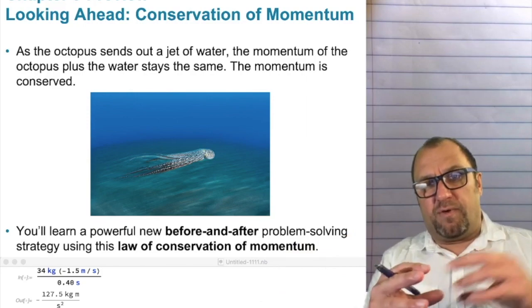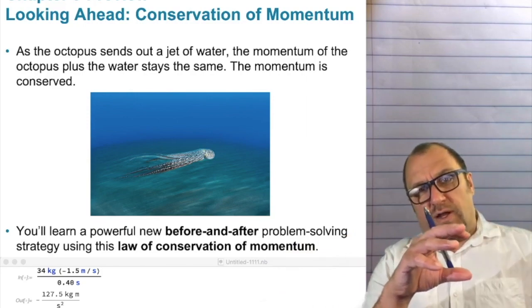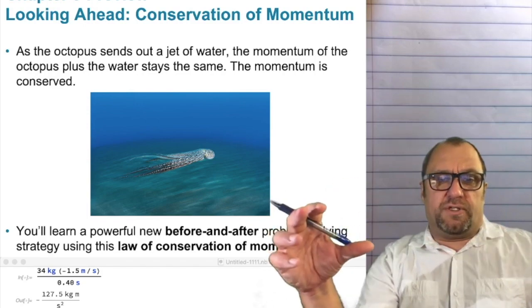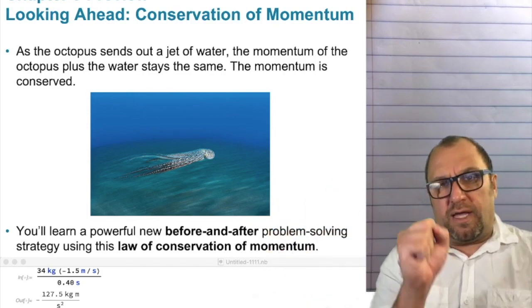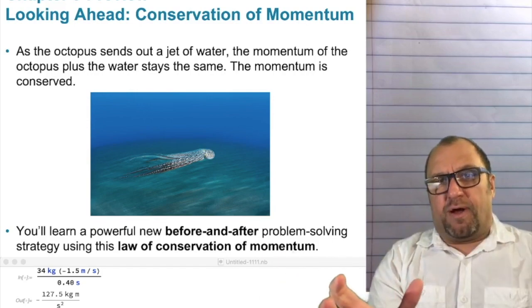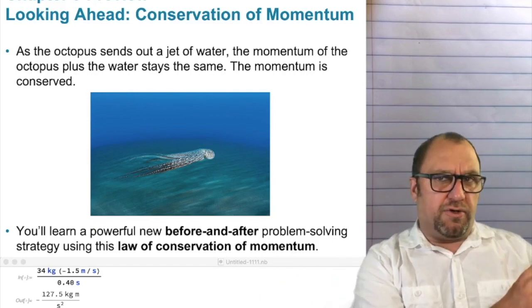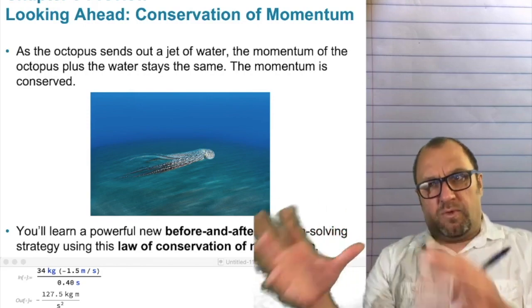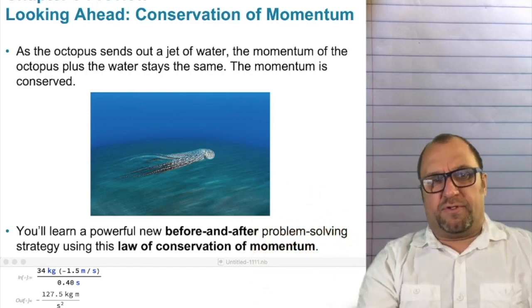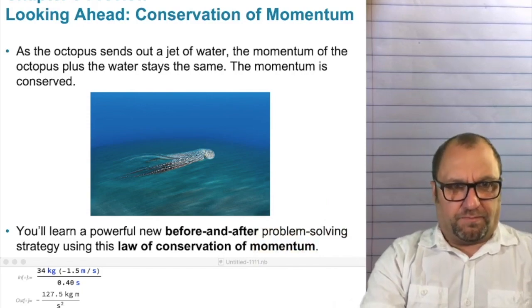The water is moving away from it, so it shoots water out this way, and then it pushes the octopus forward. Okay? So we're going to look at before and after problems. We'll look at our initial momentum of two objects usually, and then we'll look at after some event.